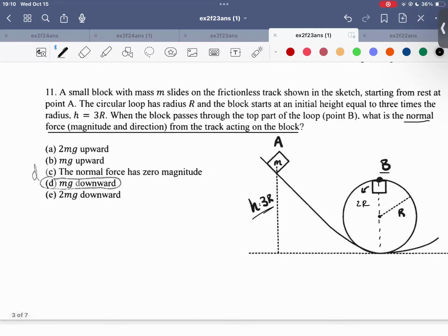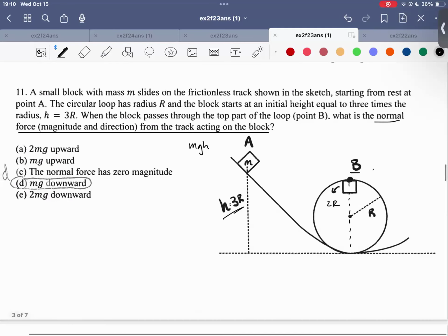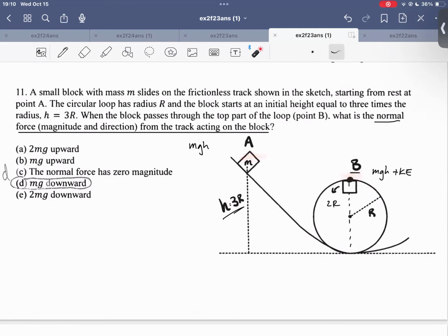And so thinking about the energies that we start with, at the beginning we have mgh, and we have mgh here plus kinetic energy, right? But the difference between point A and point B is that at point A we have 3R, so mg3R, and at point B we have mg2R.